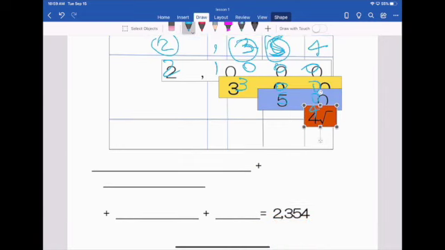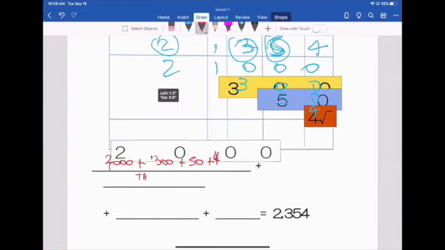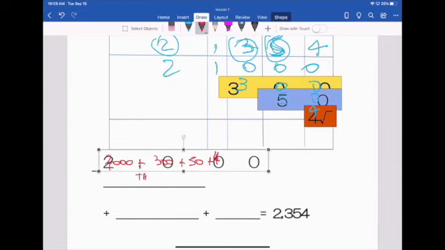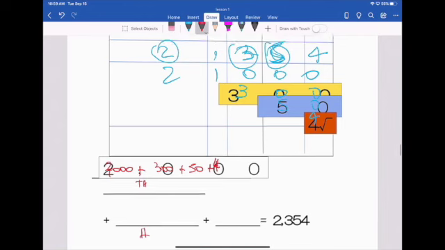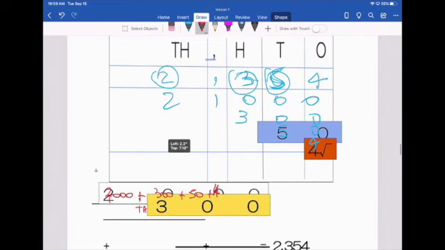So now we need to put it together. So now the expanded form will be 2000 plus 300 plus 50 plus 4. The first one is the 1000, it's 2000. The second one is the 100. The 100 is 3, so it's 300.